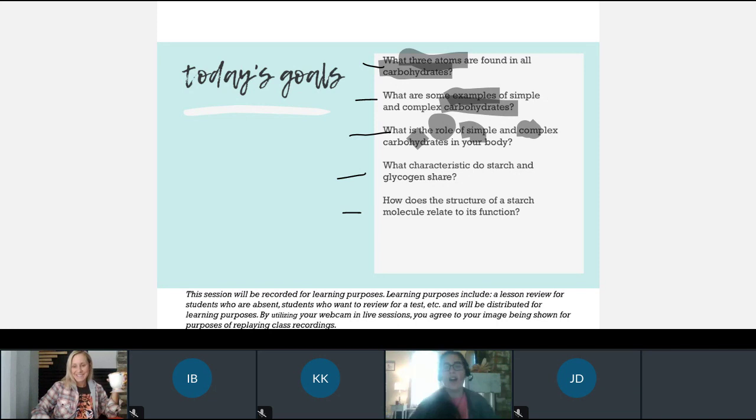I think the role of carbohydrates is to store energy for your body, like a little energy storage, and that way, whenever you use it, it's there. That's personally what I think. Good, good, good. I like that.